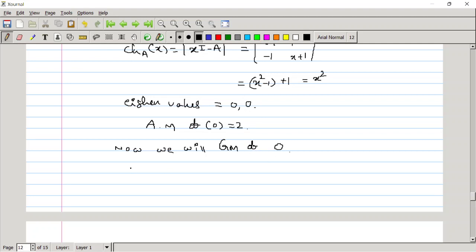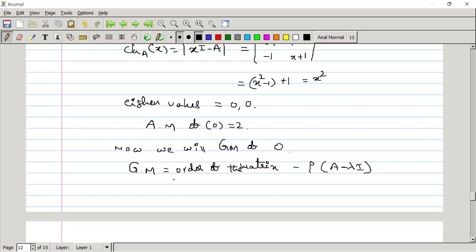For this we have a formula: geometric multiplicity is the order of the matrix minus rank of A minus lambda I, where lambda is the corresponding eigenvalue.